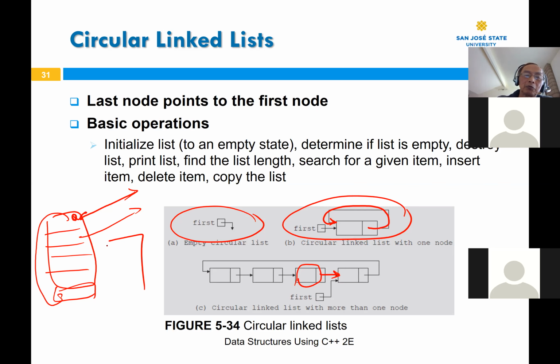Suppose we implement a queue with an array, and there will be A, B, C, D, E, and the beginning is A. When the A goes out, it comes back to the end. It's going to be A on the other side. And this becomes a circular linked list if you're going to reuse the storage.